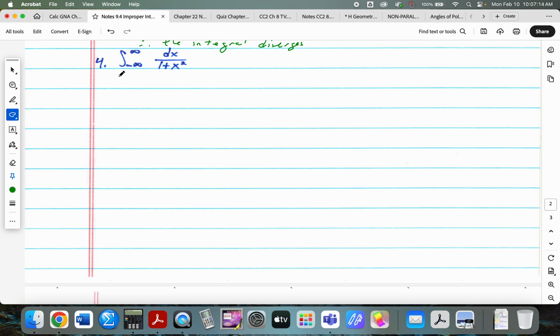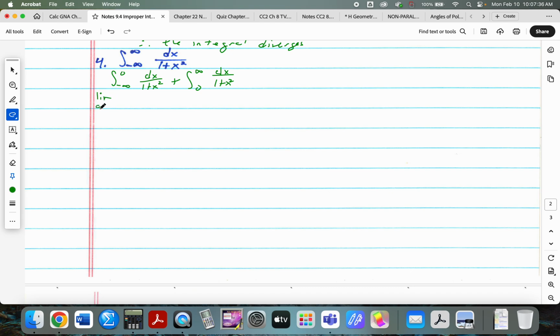So again, we need to split it. So we'll do the integral from negative infinity to 0 of dx over 1 plus x squared, plus the integral from 0 to infinity of 1 over 1 plus x squared dx. And we'll rewrite those as limits.